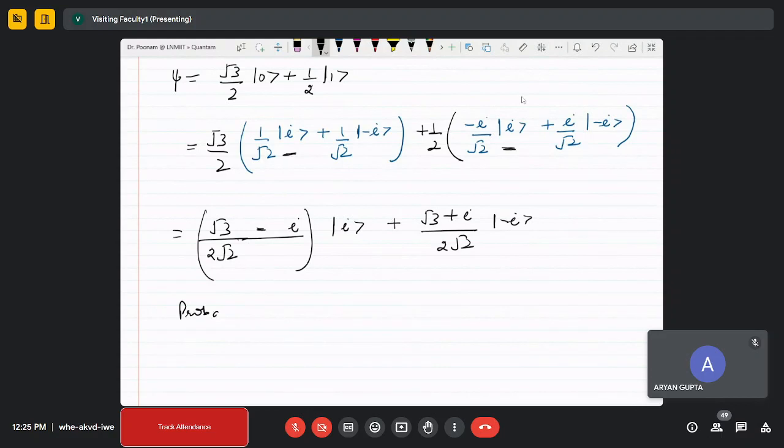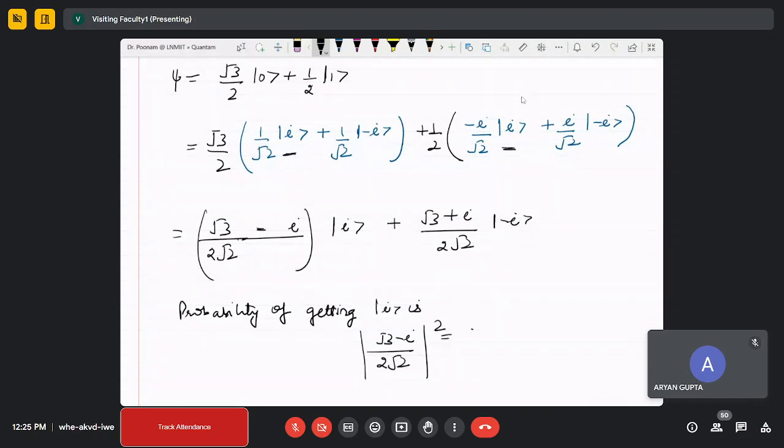Again, if you find the probability of getting iota, it is equal to 3 plus 1 divided by 8.